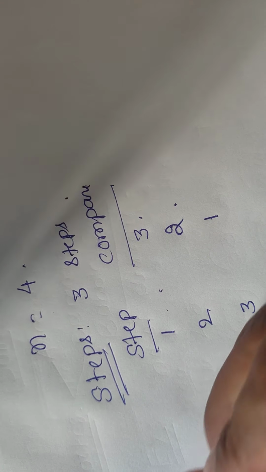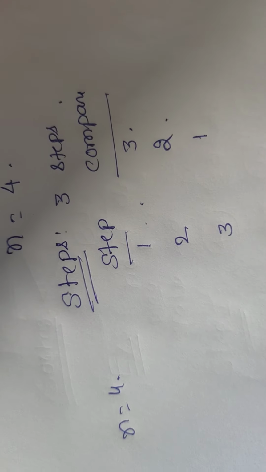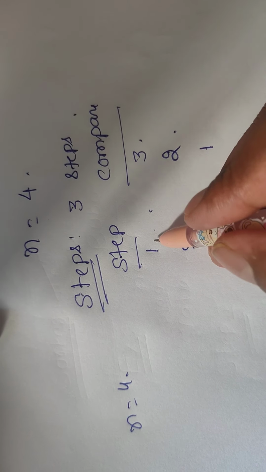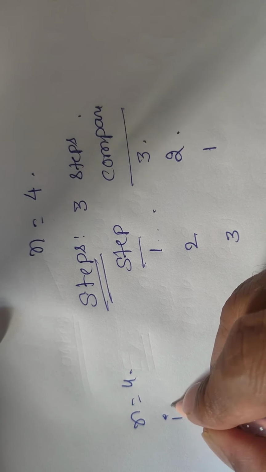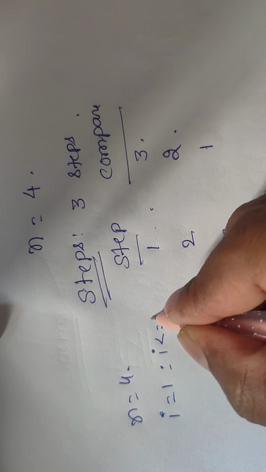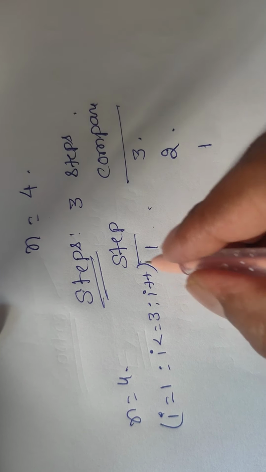Please remember here, the total number of values, that is n, is equal to 4. For writing the algorithm, we will start with the first step. That means I will take i equals 1, i less than or equal to 3, i plus plus. This is for the steps.